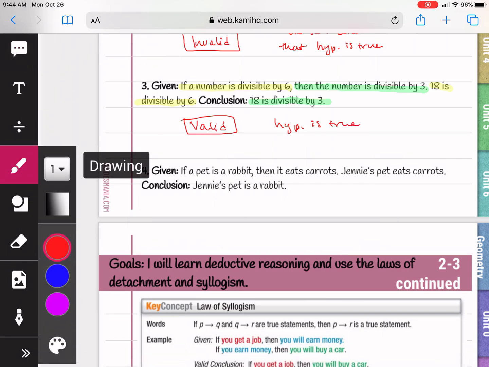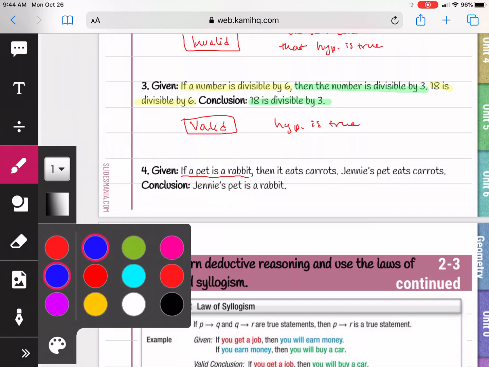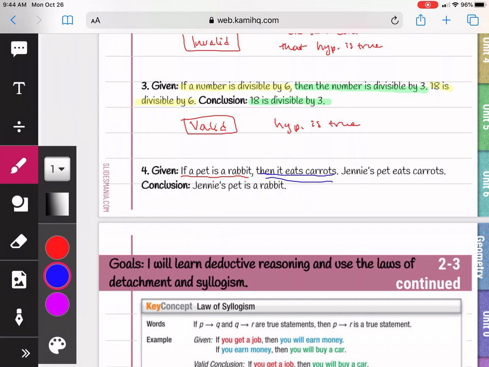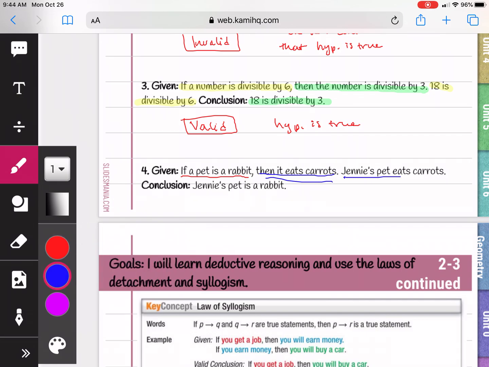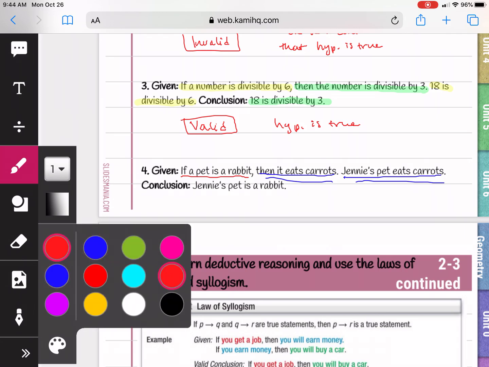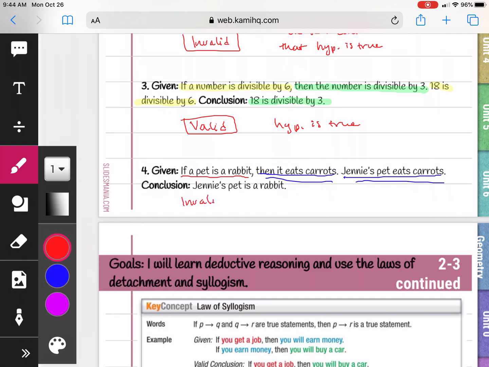Question 4, they give us the hypothesis if a pet is a rabbit, the conclusion is then it eats carrots. Our next statement says Jenny's pet eats carrots. If you notice, here they're actually saying something that has to do with the conclusion, not the hypothesis. So this is going to be an invalid statement. And again, that's because there's other pets that might eat carrots, so this is not necessarily true.